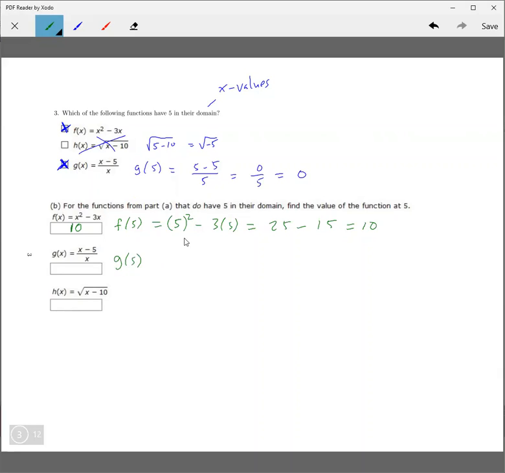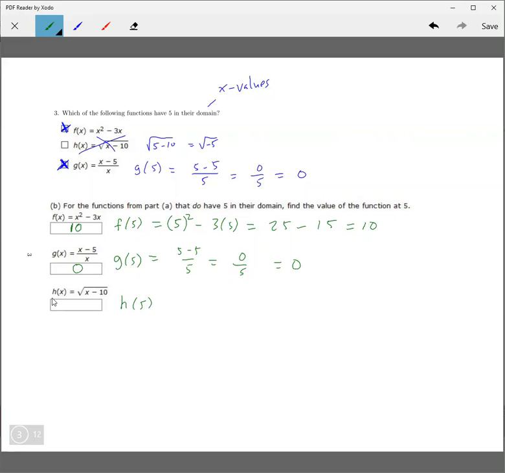G of 5, we already went through this one. It's this one here. It's kind of strange that they would change the order, but that's going to be 0. And then this one right here is undefined, as we already discussed.